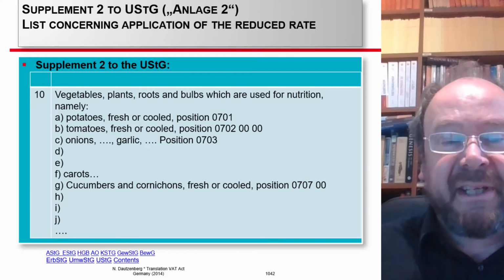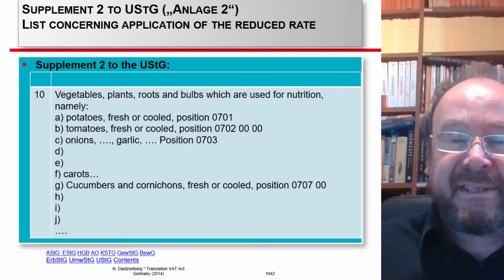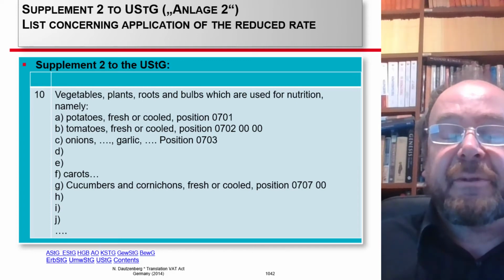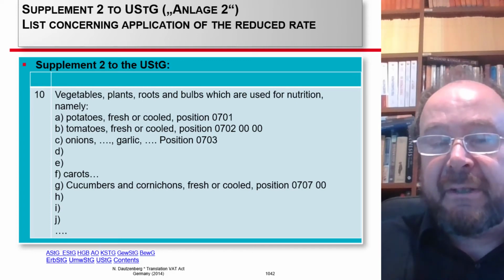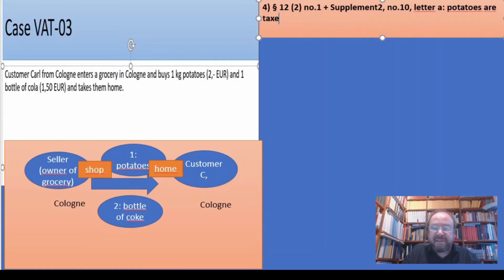So number 10, letter A of supplement 2 is the proof that potatoes is 7%. So now we know that and can use it for our master solution. Paragraph 12.2, number 1 plus supplement 2, number 10, letter A, potatoes are taxed with 7% only.